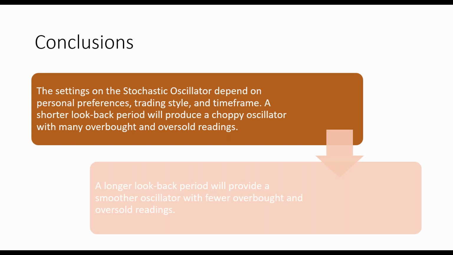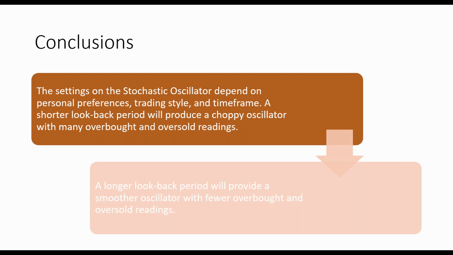Now, the settings on the stochastic oscillator depend on personal preference, trading style, and time frame. A shorter look-back period will produce a choppy oscillator with many overbought and oversold readings. So we were looking at a 14 period, which is the standard, but you can go to a 12 or a 10. But then you have to check it more, because then it's no longer just stochastics. It's Brian stochastics or Robert stochastics, and you can't use the standard variations. But if you want to bring stochastics into your world of trading, you can modify it slightly and test it over a period of time.